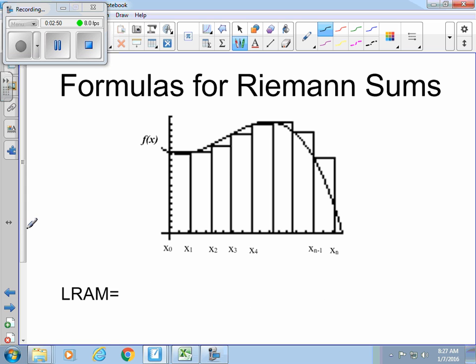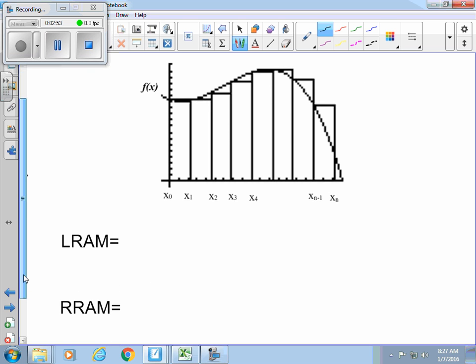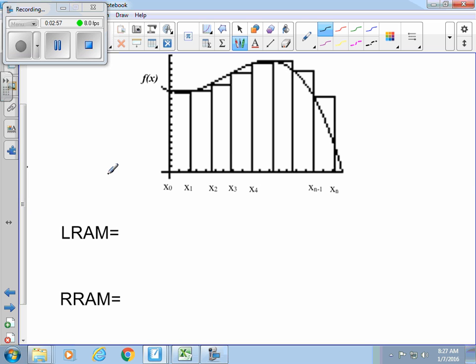Okay, so some formulas for Riemann sums. Again, if you are having to do a Riemann sum on the AP exam, you do not need a formula. You can draw a picture, but it is handy to kind of know what it is.